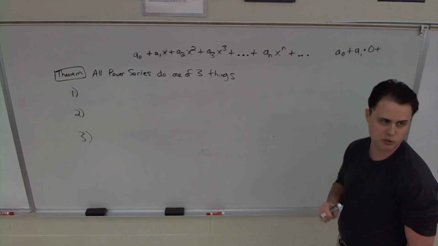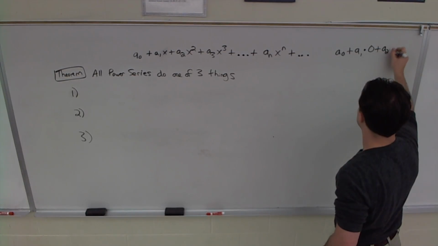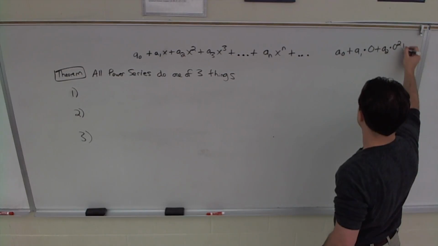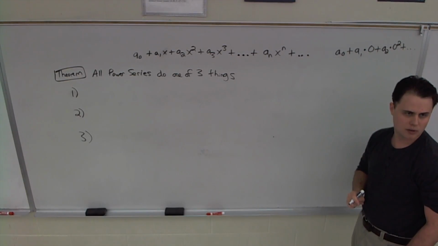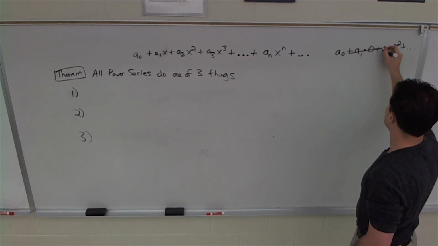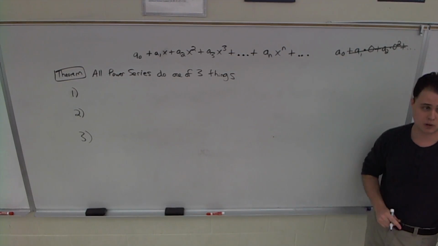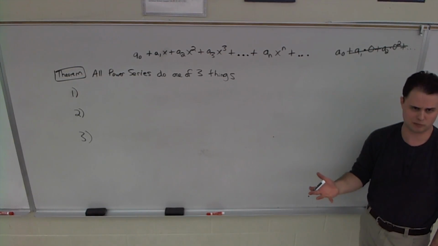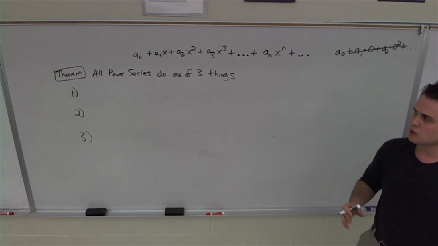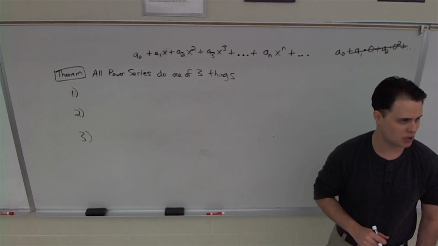Just at its center, x equals 0, plus a sub 2 times 0 squared plus dot dot dot. And what would happen to all these terms? They'd all go away, and we'd be left with just the first term. So is that convergent or divergent? Well, clearly convergent. Really simple, right? So that's one of the possible cases that can happen.